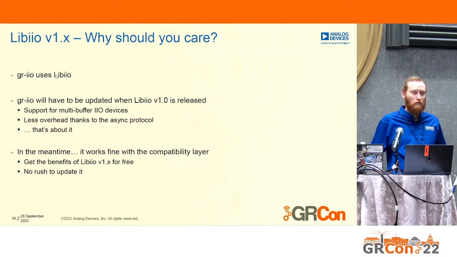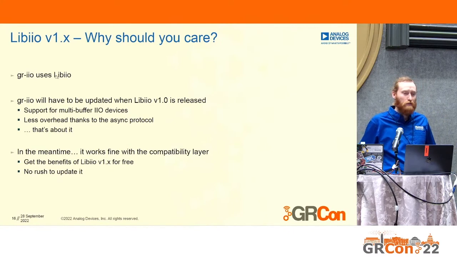And that's about it, because the blocks are not going to change that much. They will still be pretty much the same. In the meantime, the GRIIO blocks will just work fine with the compatibility layer. So even when Libiio version 1 comes, GRIIO can still work fine with the compatibility layer, so there's no rush to update it.